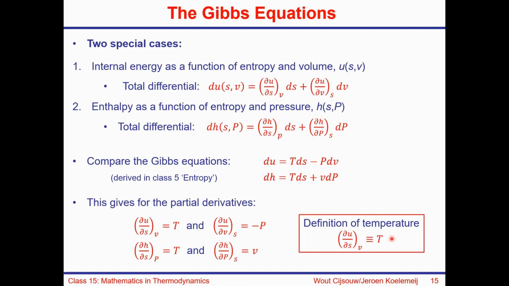Now you can describe a gas like that, and you can write down a function for the internal energy. You can find a function for the entropy. We're not going to do that in this course, but in principle it can be done. And if you then evaluate this partial derivative, then indeed you end up with the temperature, which is the same temperature that you would get if you would look at it from the point of view of particles moving around with a certain velocity.